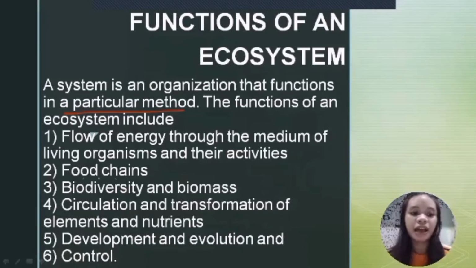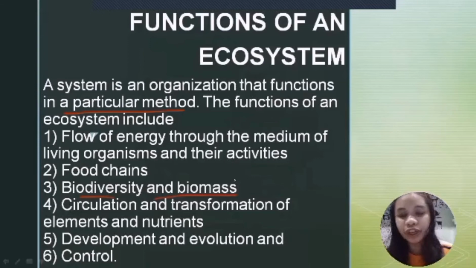Food chains. Alam naman natin kung ano ibig sabihin ng food chains. It shows how organisms are related to each other by the food they eat. Biodiversity and biomass. Biomass is a measure of mass of every living organism in a given area, while biodiversity is a measure of the variety of life in a given area.